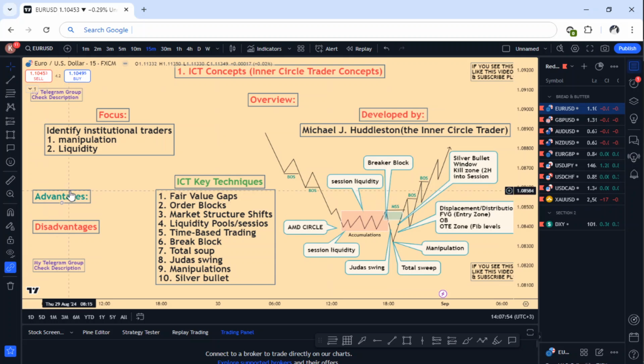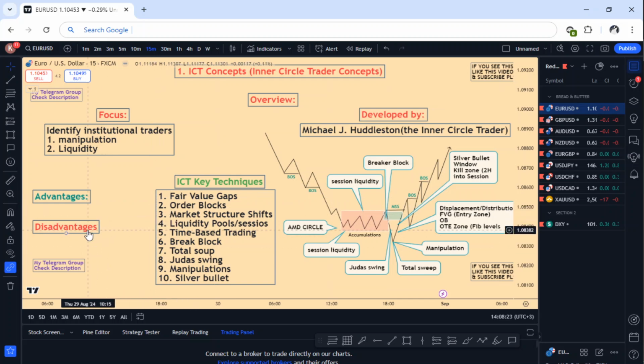Another advantage is it uses specific times and patterns to align with the BFI, and it offers very good RR. If somebody caught it down here and moved it here with a smaller, tight stop loss, that means good risk to reward. Another advantage is that it can offer you high probability trade setups by identifying where smart money is operating.